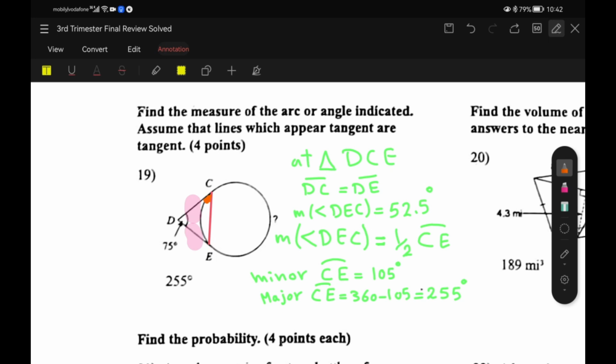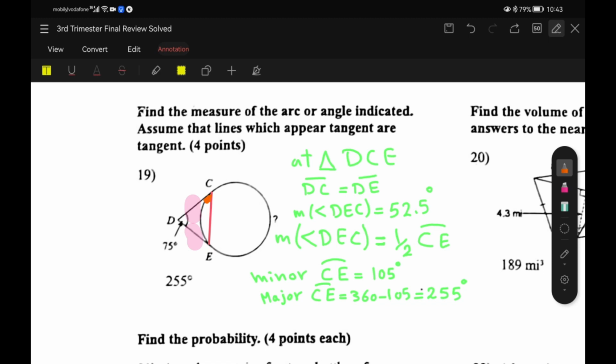How to find the tangency angle? The whole triangle must equal 180. So 180 minus 75 equals, well done, 105. Let's divide 105 over 2, because as I told you, DCE equals DEC. So 105 over 2 equals 52.5.